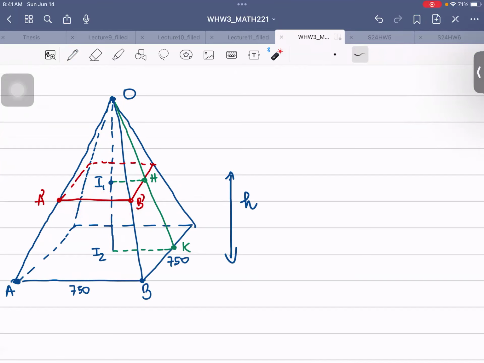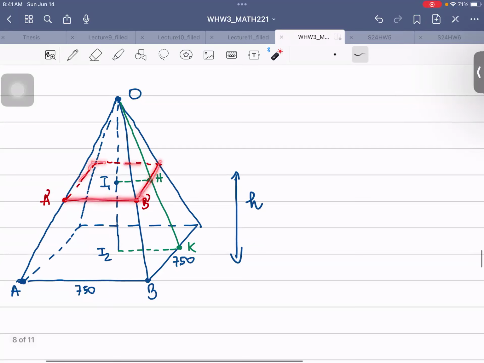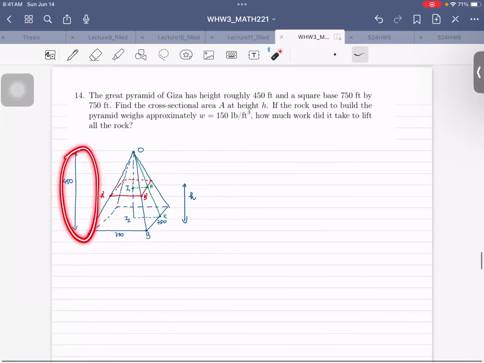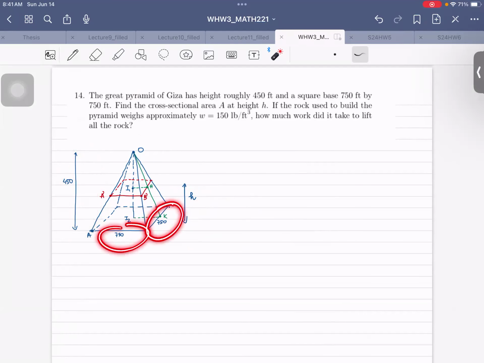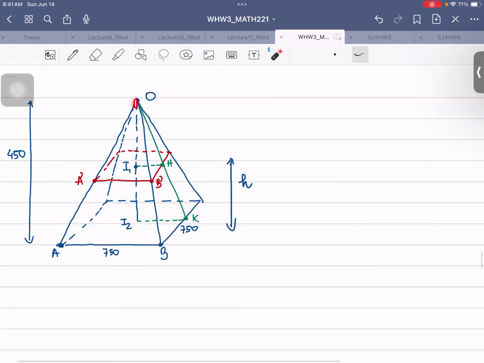And the thing is, you have to connect the side of this red square with the side of your pyramid of Giza. The only way to find the relations between them is to draw the right triangle which contains the half side of the red square and the half side of the base.